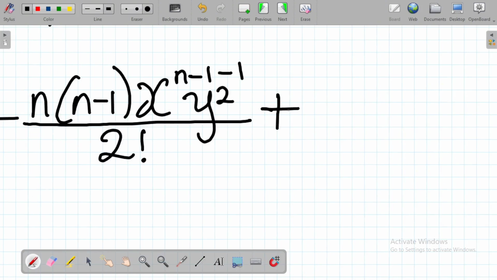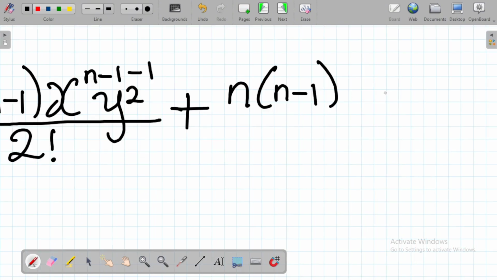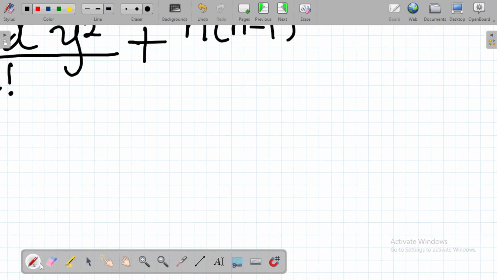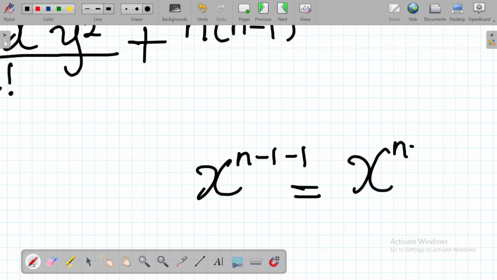And then plus, if you multiply x by its power, it will give you n - 2. Now note that x raised to power n - 1 minus 1 is the same thing as x raised to power n - 2.